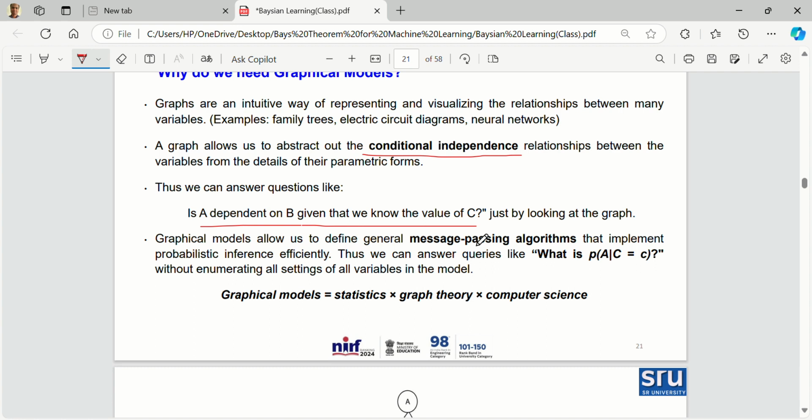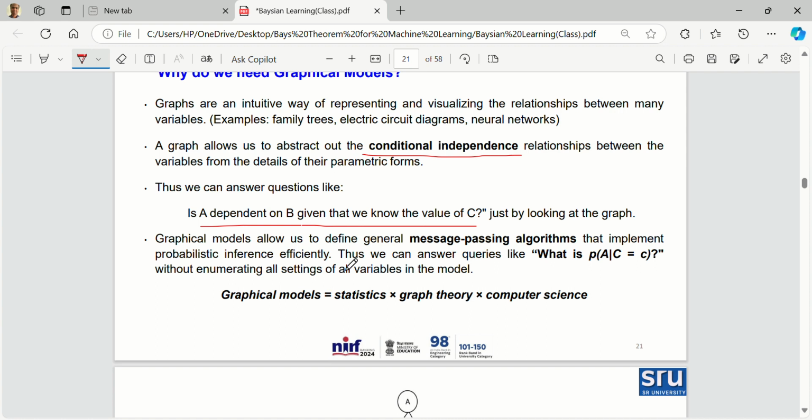If they are not related, that is C is not related to A, C is related to B, B is related to A, then A depends on B. We cannot say so if B is not giving any information to A. But if A is giving information to B, then B depends on A. You can get the reverse way.